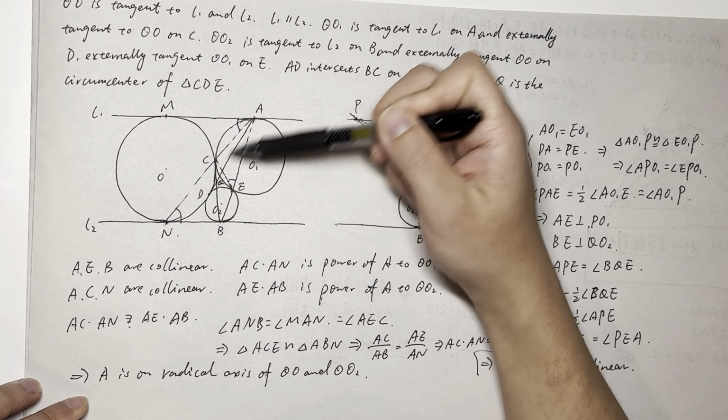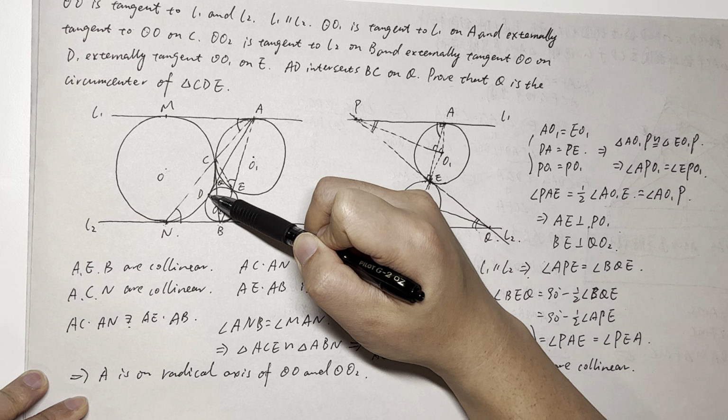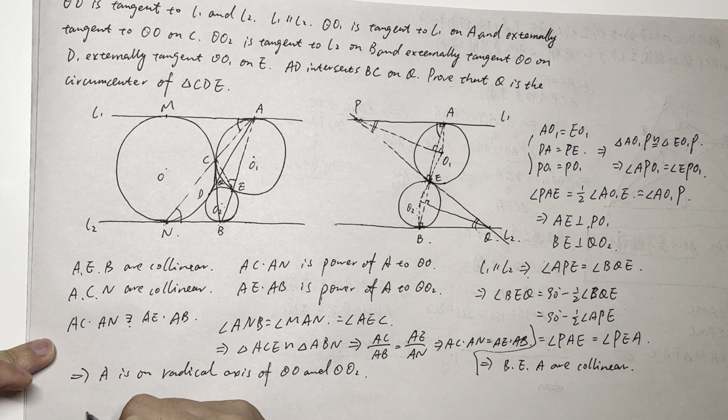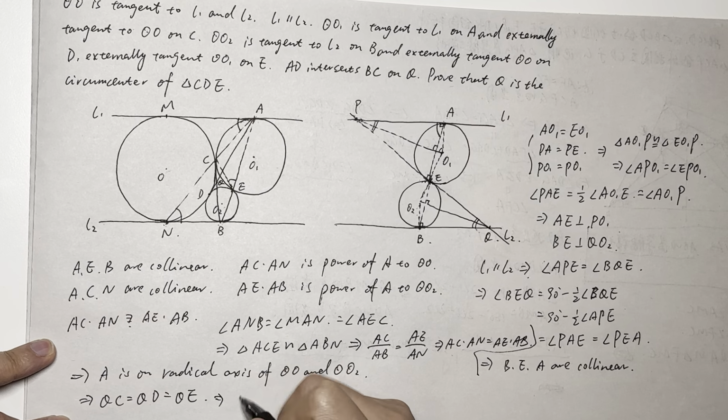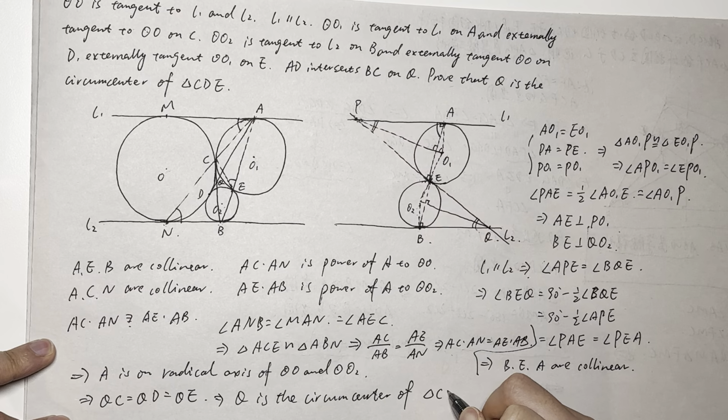That means the distance from Q to the tangent point C equals the distance from Q to the tangent point D. So we know that QC equals QD equals QE, which means Q is the circumcenter of triangle CDE.